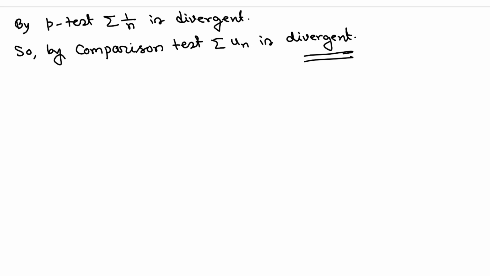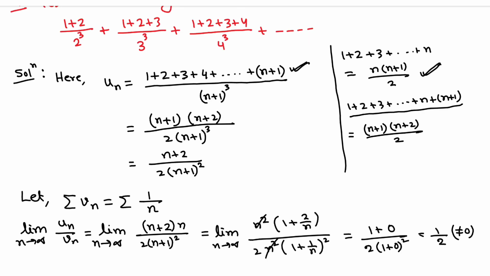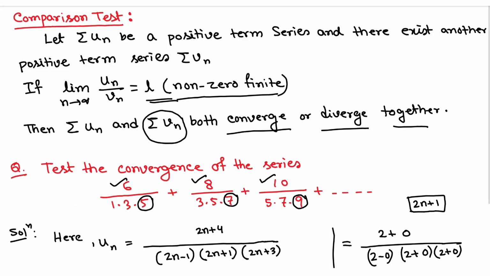But one more point, some exceptional cases. Here I have written the statement that L is a non-zero finite number. So obviously you will ask what will happen if L equals 0, or what will happen if L is infinite, because here we have two conditions: L must be non-zero and finite.